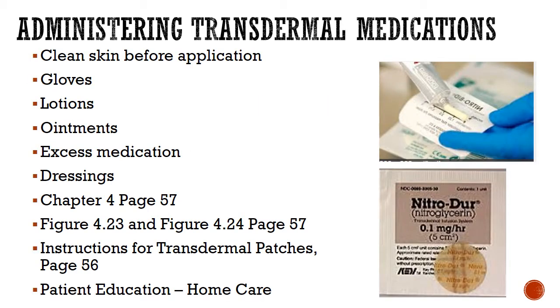So it looks like I've already talked about this slide on the previous slide. So please go through chapter 4, page 56 and 57. Read through the instructions for transdermal patches. You may see some test questions with regard to those. And focus on patient education with regard to administration in the home. There is a box on page 56 of your book, box 4.2, that says giving percutaneous drugs on it.